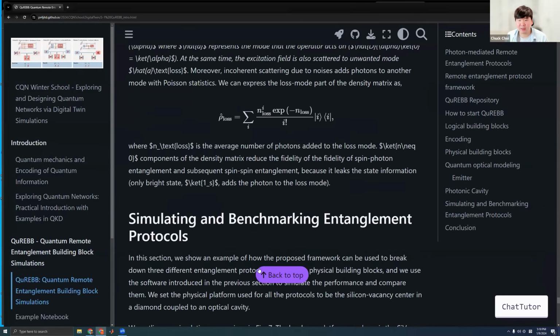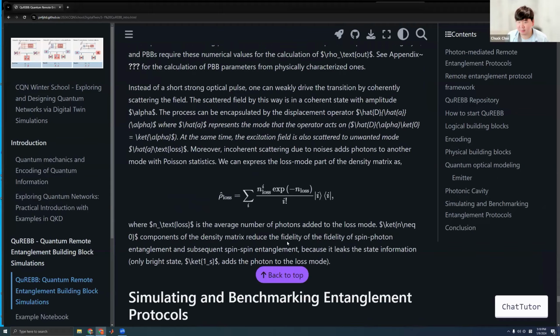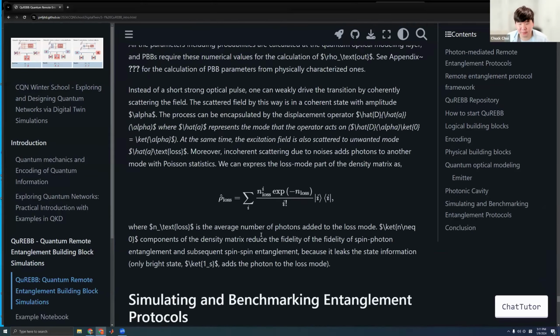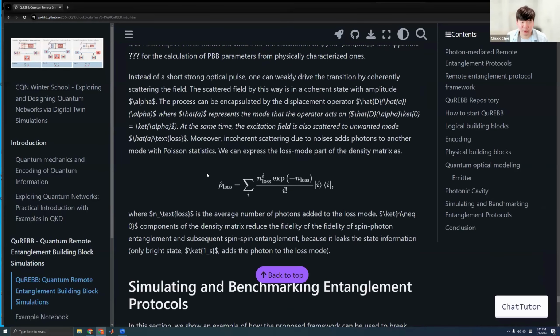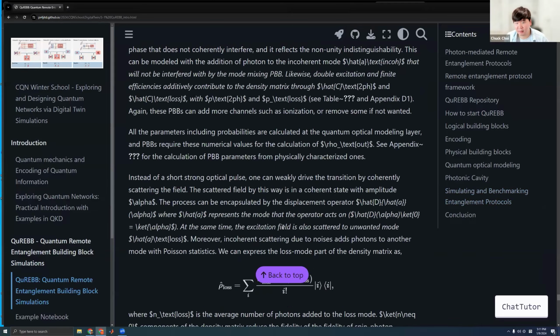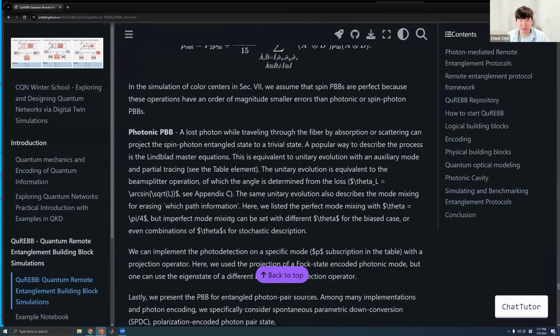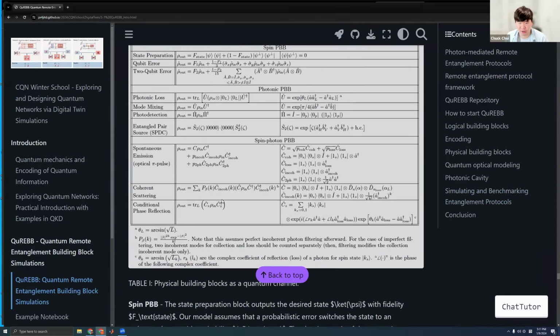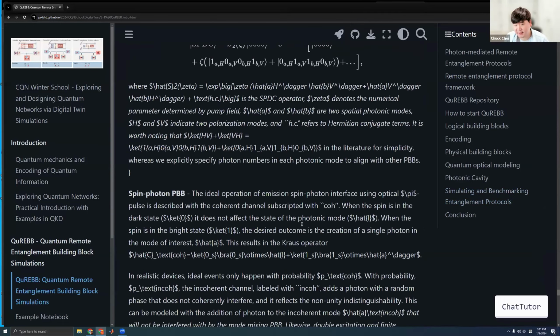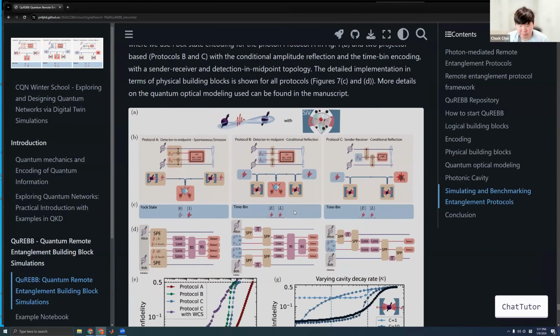I'm not going to go through all the mathematical details because this might not be the central message of this framework. But if you want to go through the details of the protocols, we made a pretty detailed explanation on how we actually modeled these blocks, with references to the papers.